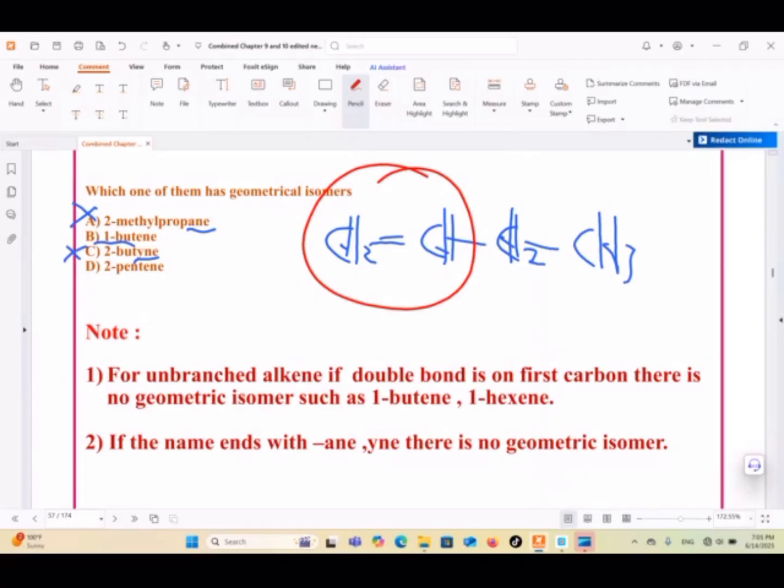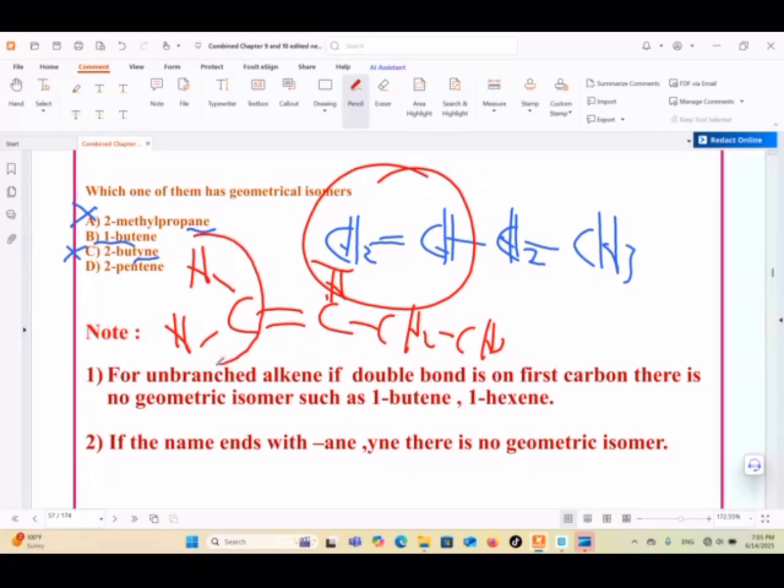This carbon, attached to the other carbon by a double bond, is attached to two hydrogen atoms, and the other to a hydrogen with the CH2, CH3. Guys, as you can see here, this carbon is attached to the same groups of atoms, so it won't form a geometric isomer because it is attached to the same type of atoms.